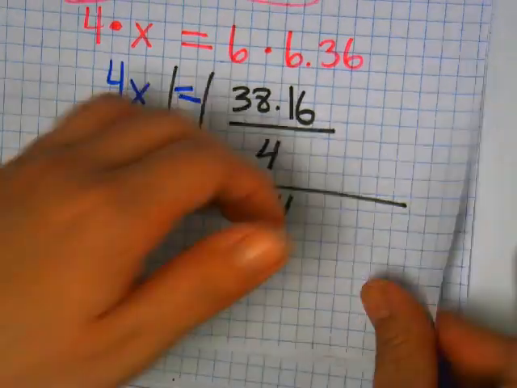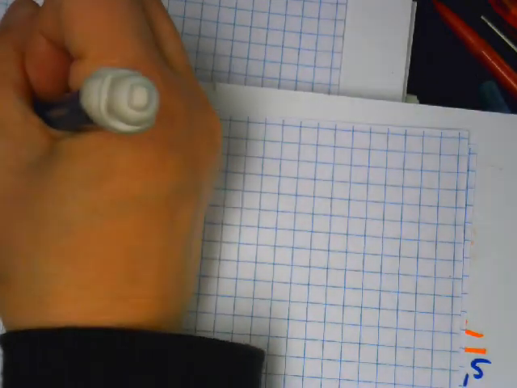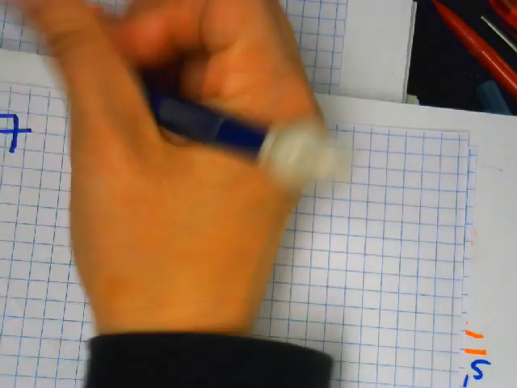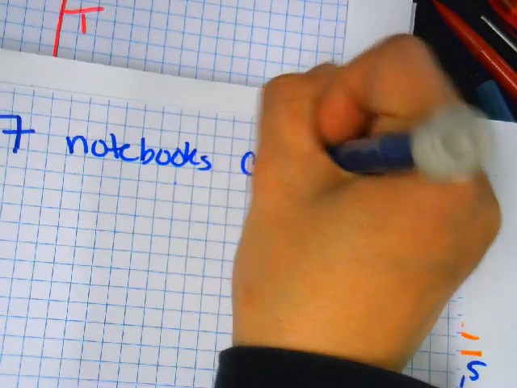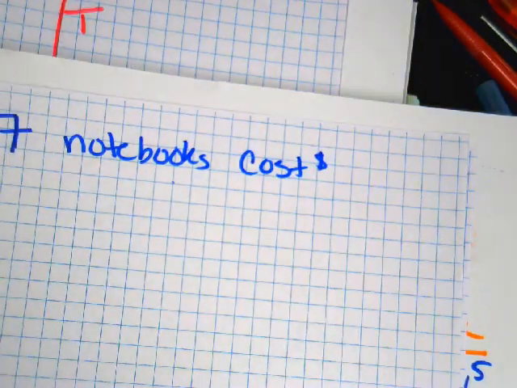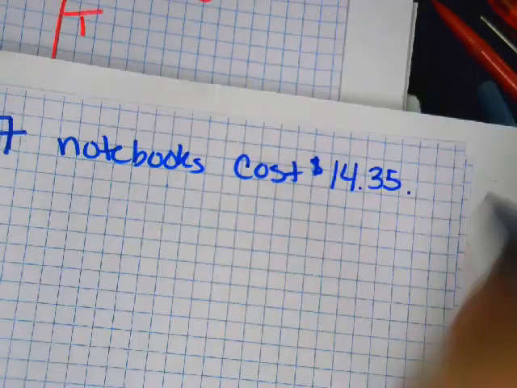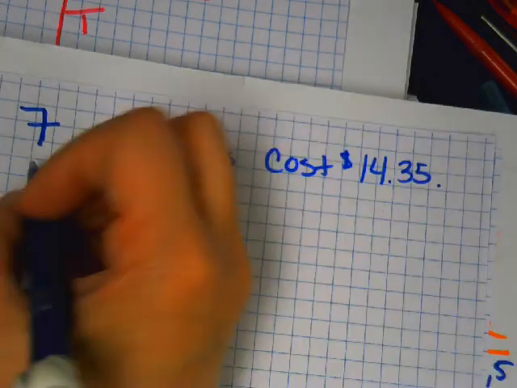Let's do an easier one. All right, so we're going to write this in our notebook. Speaking of notebooks, let's say 7 notebooks cost $14.35. 7 notebooks cost $14.35.